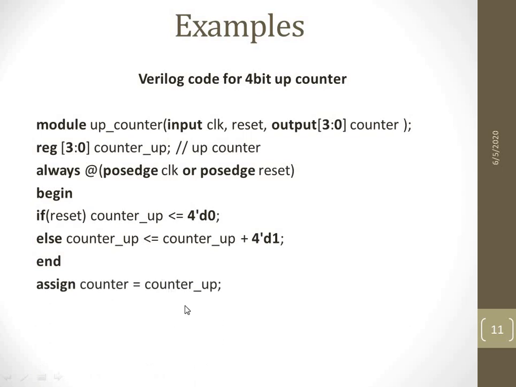End, and assign this counter up to my actual counter. Then end module. So this is a simple program to increase the counter whenever a positive rising edge happens in the clock. That means whenever a rising edge appears, the counter will start counting and this counter up will be assigned to counter.